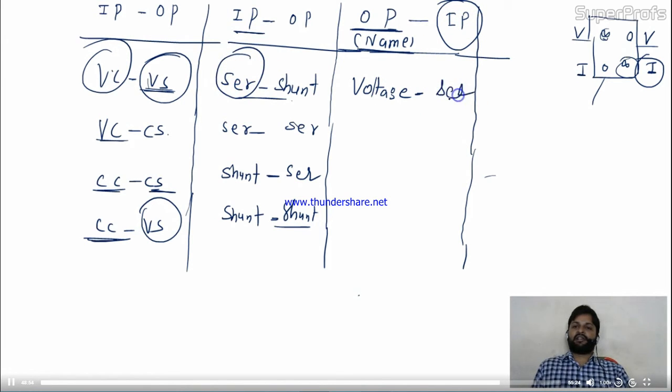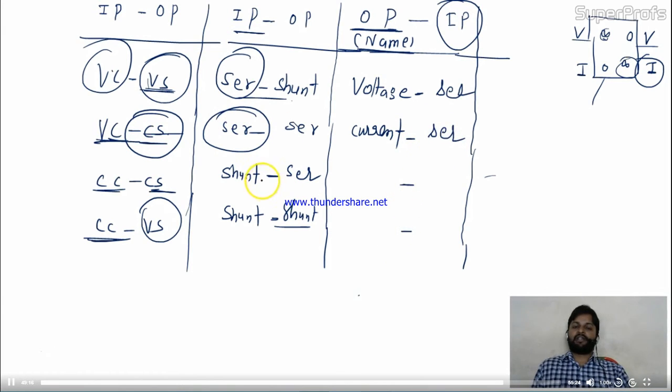In this way I'll write it, input series. This is a mixing kind of thing. What about voltage control, current source? At the output is current, because the first preference is the output. So this is current, and at the input stage you have series.